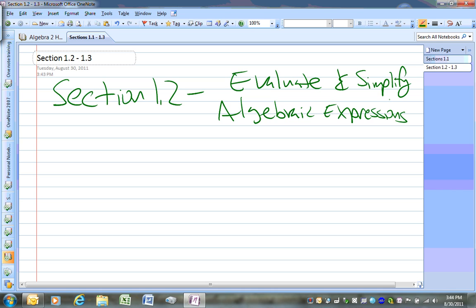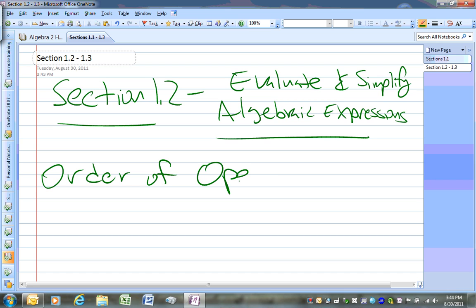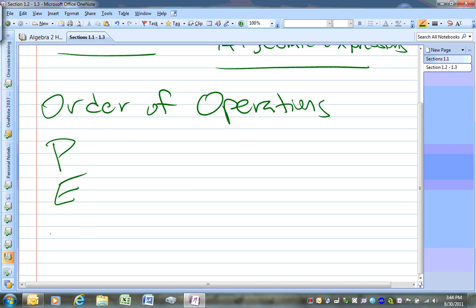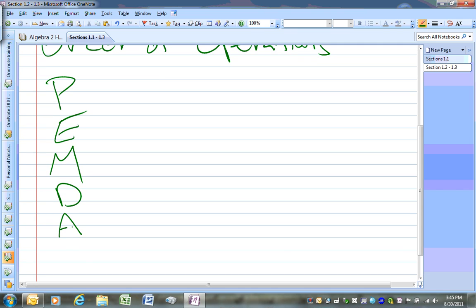So the main thing I want to talk about is the order of operations, which is the following. You may have seen this before. So PEMDAS. The P stands for parentheses.